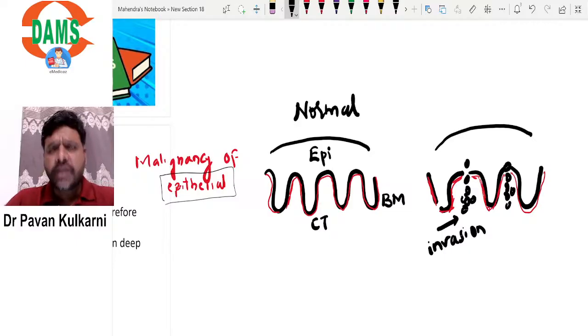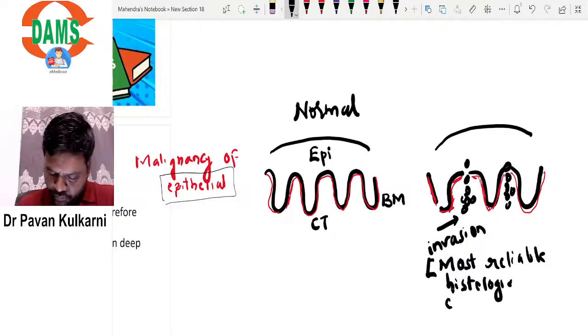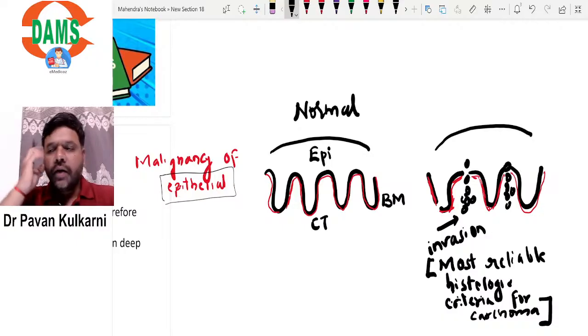Invasion is considered the most reliable histologic criteria for carcinoma diagnosis.